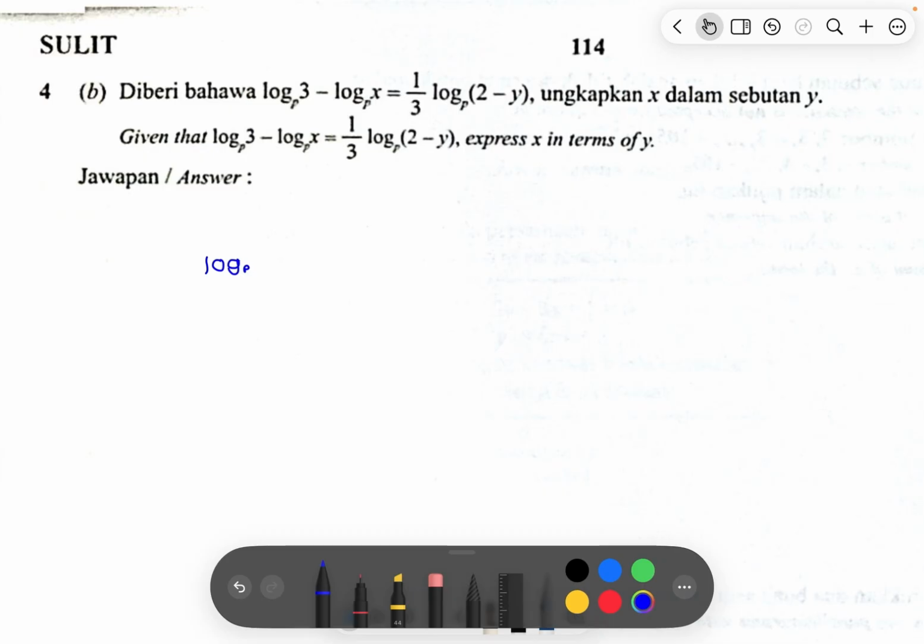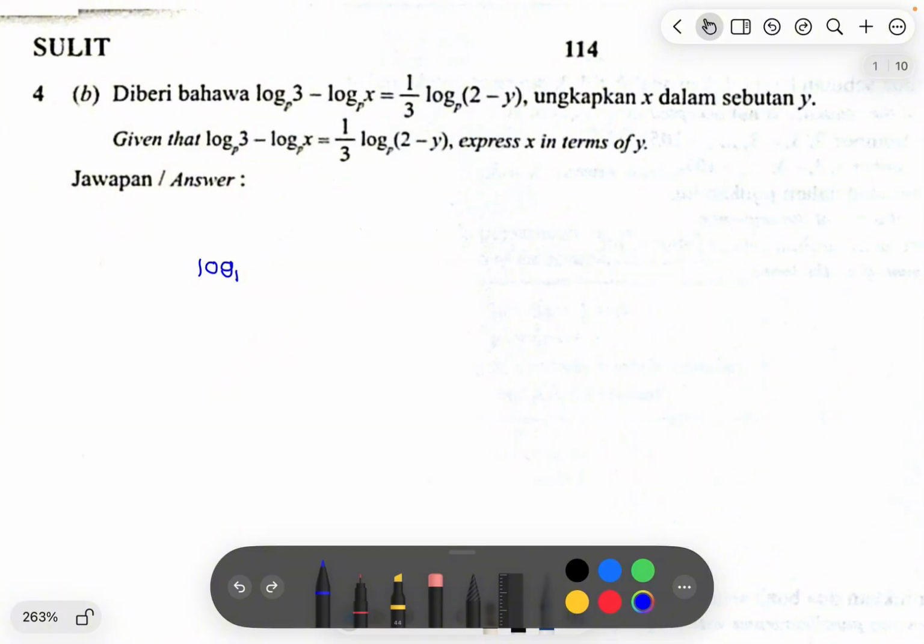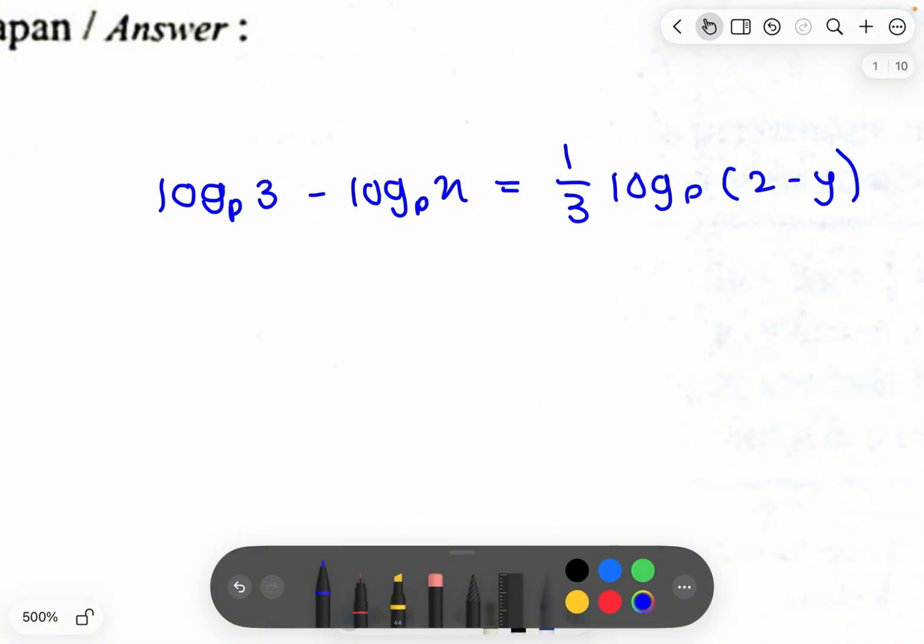Log P3 minus log Px is equal to 1 over 3 log P2 minus y. So we have to express x in terms of y. So this is just the log formula, 3 over x.